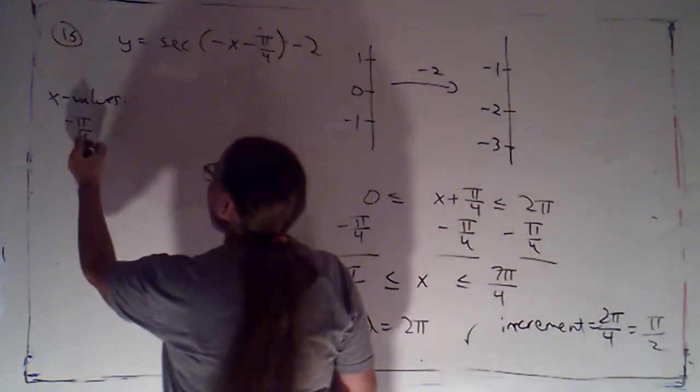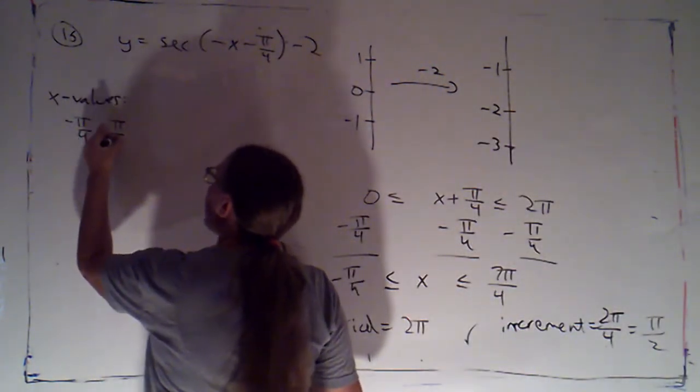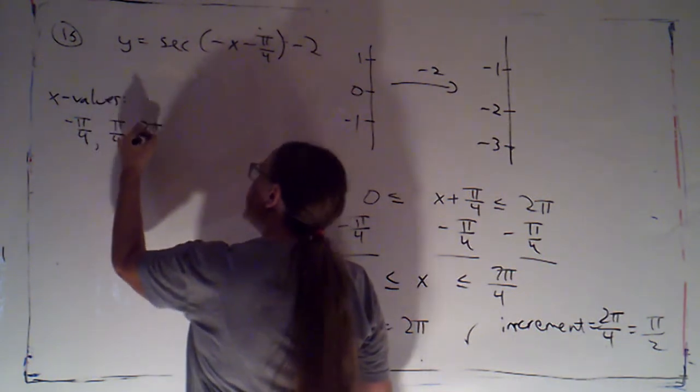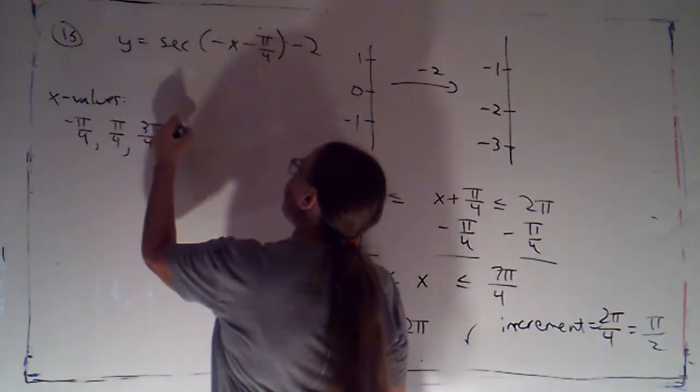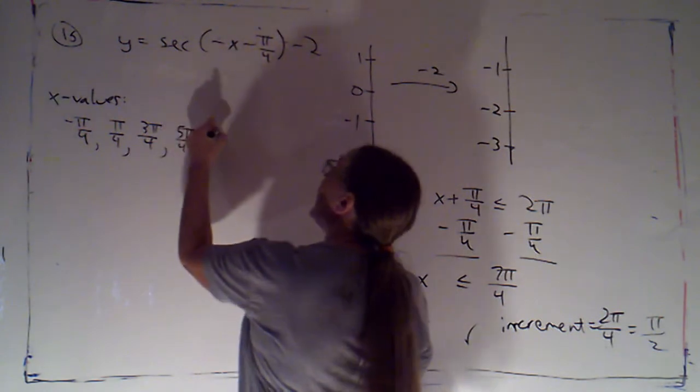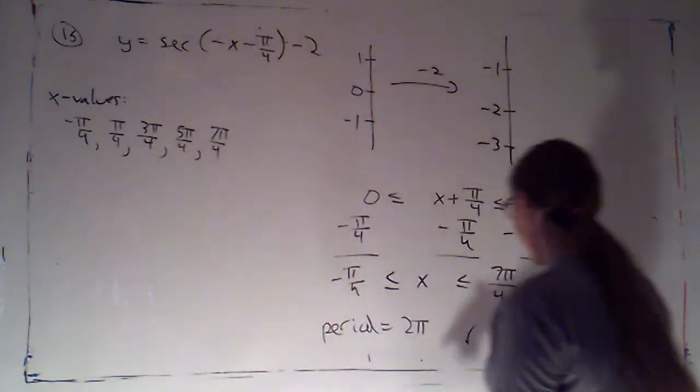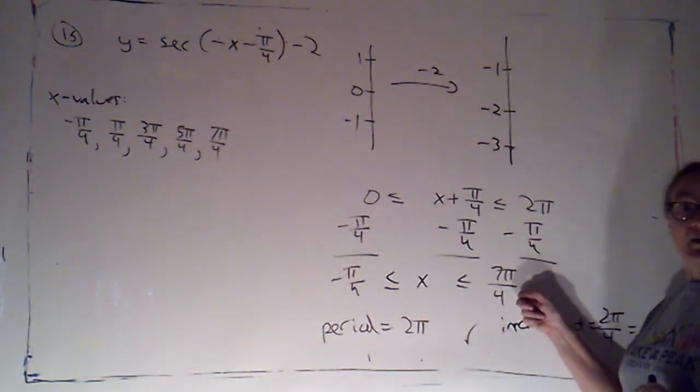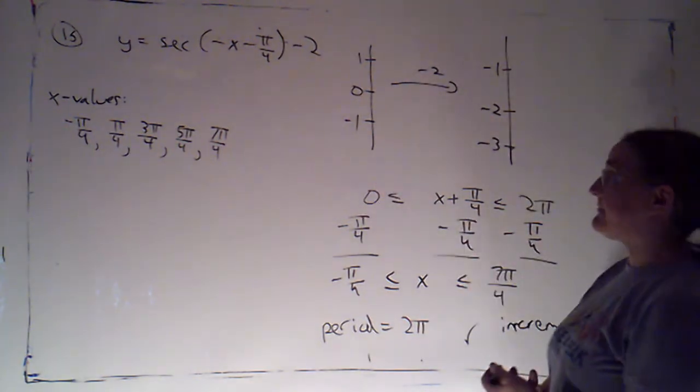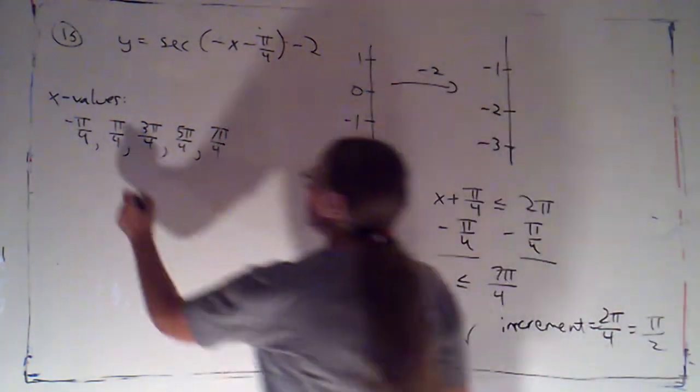So adding 2 pi over 4, I'll get positive pi over 4, then 3 pi over 4, 5 pi over 4, and 7 pi over 4, which, yes, is my ending point. So these are the x values that I care about.